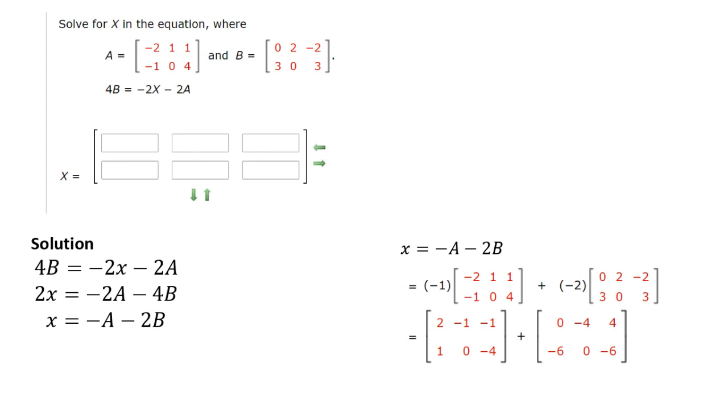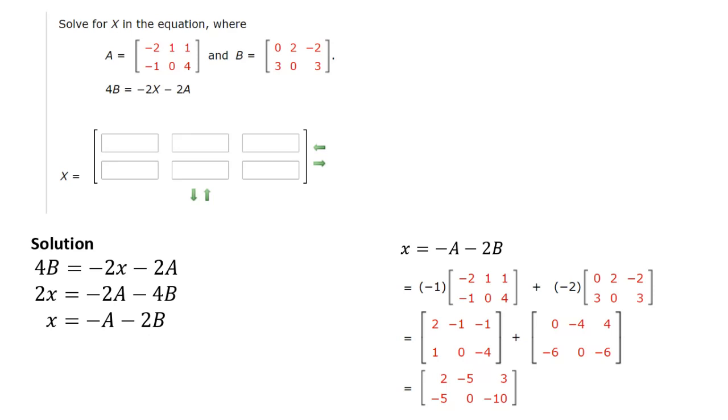So when I add them together, I have 2, -5, 3, -5, 0, -10. These are the values that go here: the 2 goes here, the -5 goes here, the 3 goes here, the -5 goes here, the 0 goes here, and the -10 goes here.